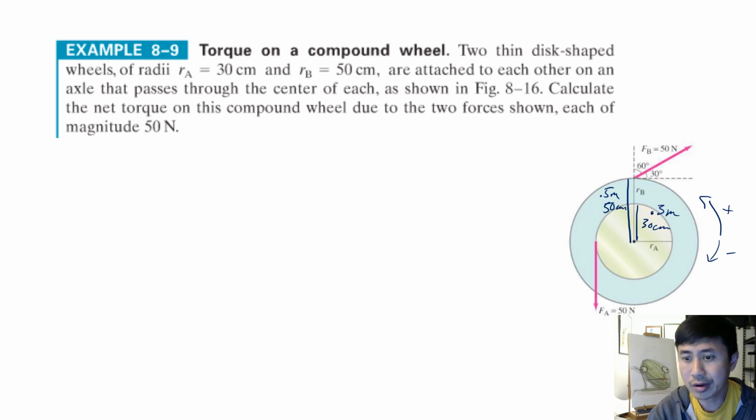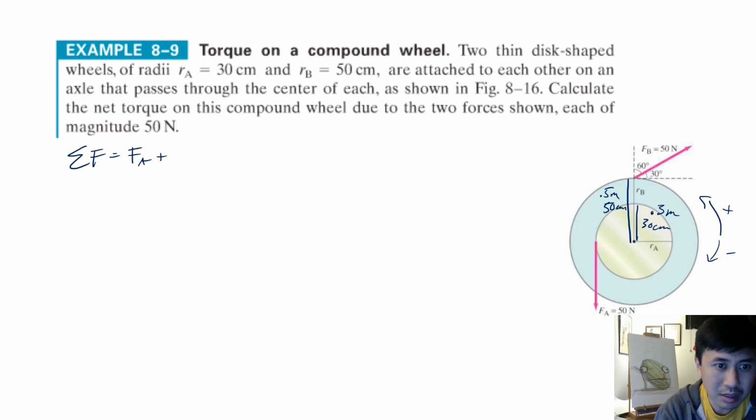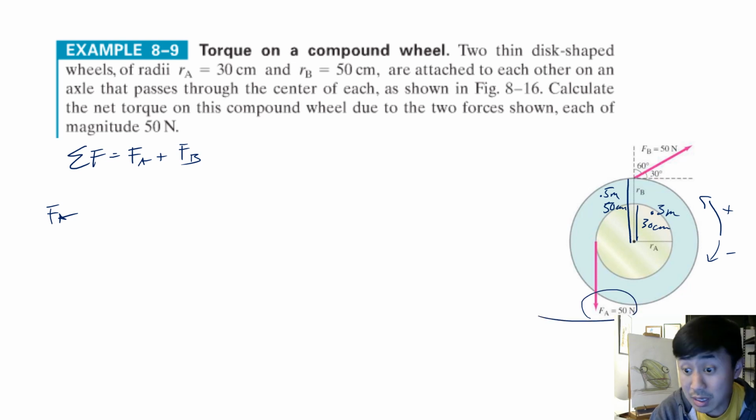Ooh. Okay, so we have two forces, right? The net torque is equal to F of A plus F of B. Let's go through each one of them one at a time. Let's do F of A. F of A is down here, right? That's pretty easy because look, it's 90 degrees to the rotating axis. So F of A is equal to R times the force that's perpendicular.